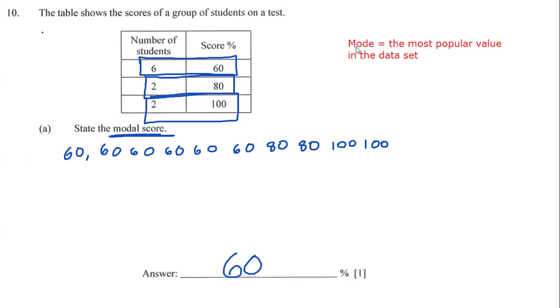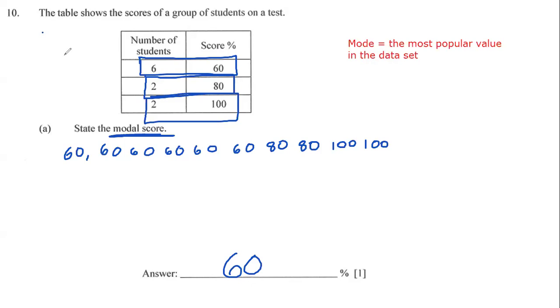I hear you. Okay, what do you understand? How did I get 60? Because there were 6 students, and that's the mode, and it's a lot of 60s. It's the one that appears the most, right? Yes, sir. Good.